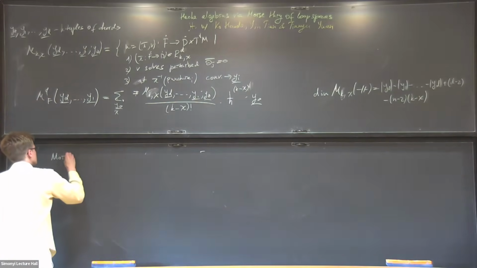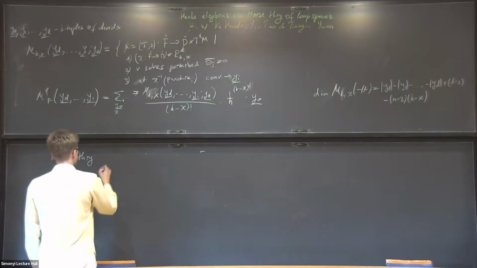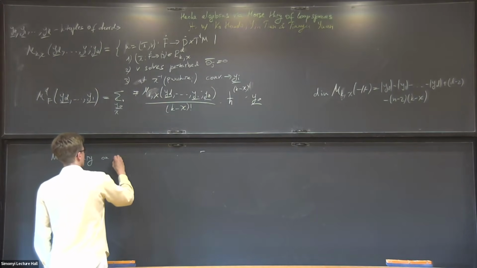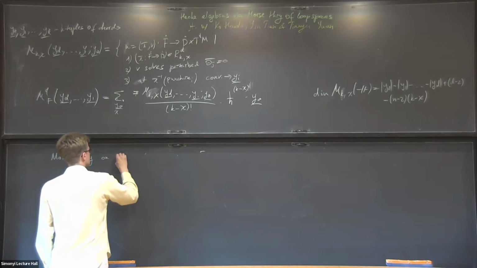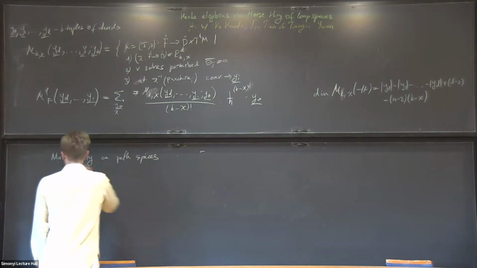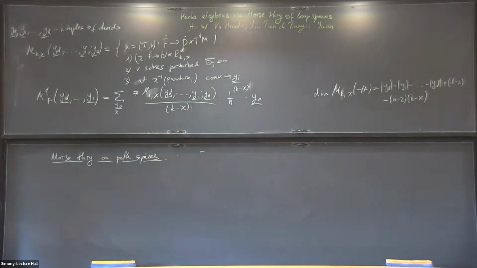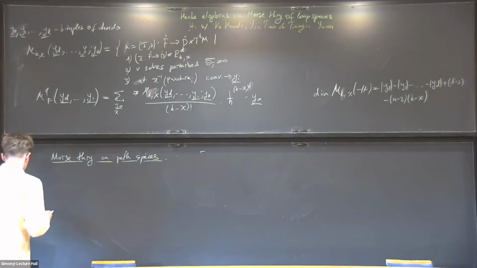Now let me briefly tell you how one can do Morse theory on path spaces. These ideas were introduced in works of Abbondandolo and Merry and Abbondandolo and Schwarz, and we use their approach to obtain those computations.